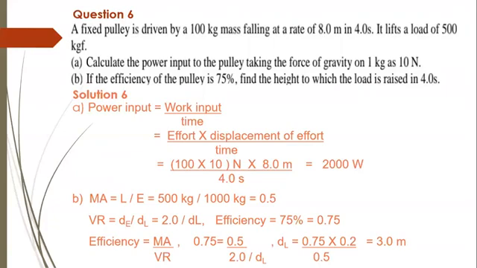MA upon VR. Substitute the values again. 0.75 is the efficiency, MA is 0.5 and VR is 2.0 upon DL. So DL comes out to be 3 meter. Therefore, for 75% efficiency, the displacement will be 3 meter in 1 second. That you have to mind, it is 3 meter in 1 second.